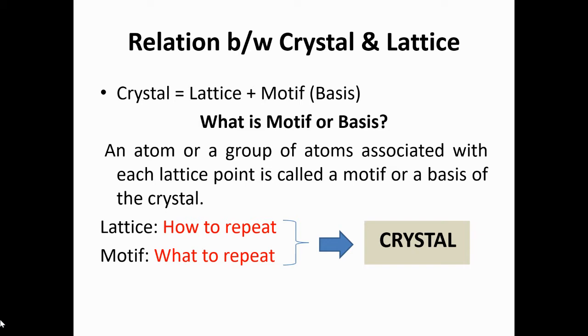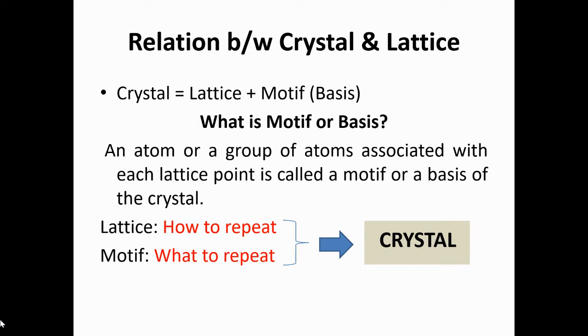Let me make the concept more clear. Lattice gives you the underlying periodicity of the crystal, whereas motif gives you the atom or group of atoms which is periodically repeated. That means lattice tells you how to repeat, motif or basis tells you what to repeat.